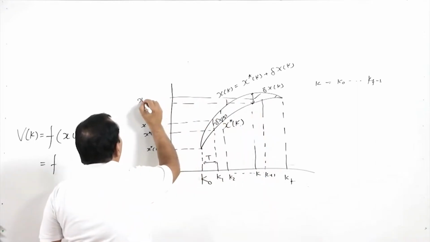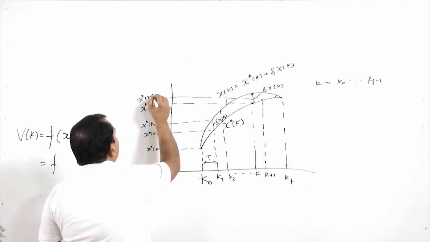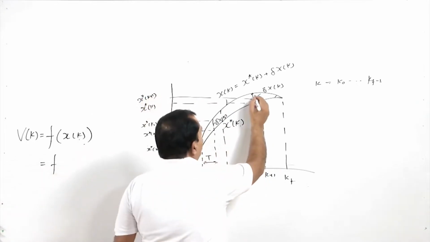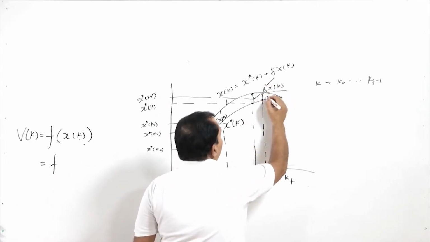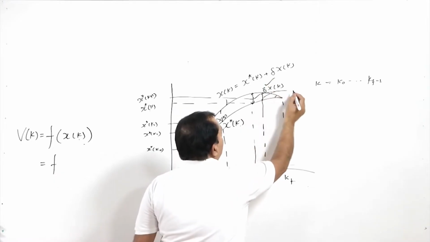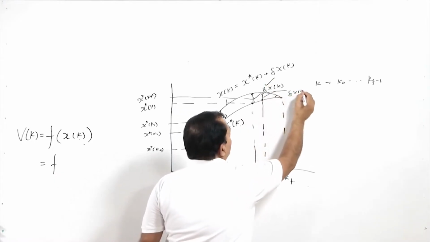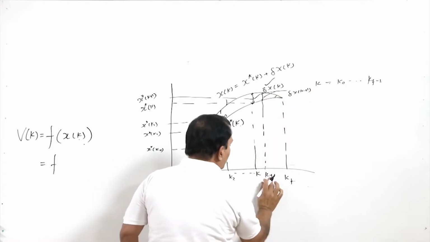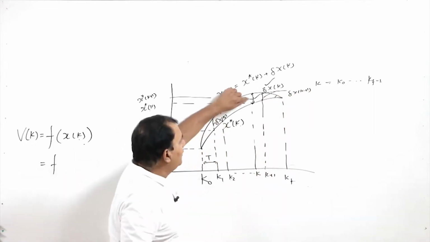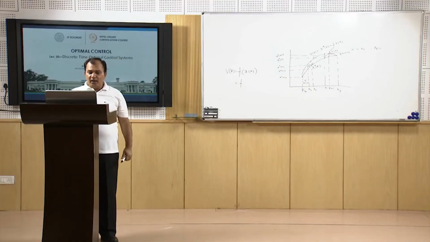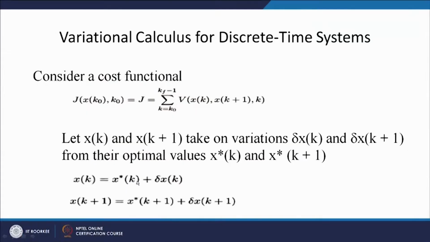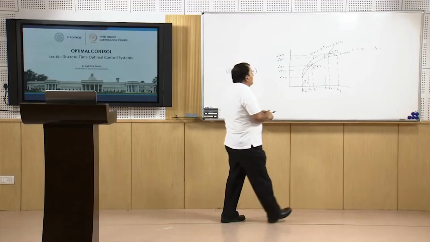So, this value will be x star of k plus 1. At this instant, this is the variation, sorry, this is my delta x of k plus 1. So, we are assuming these variations are available at these instants. So, in general my xk is defined as x star of k plus delta xk, and xk plus 1 as x star of k plus 1 plus delta x of k plus 1.